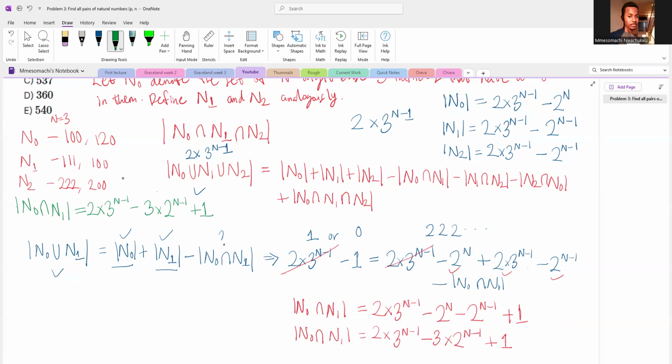Let's just check that everything checks. Yeah, okay. And in fact, analogously, because the sets n1 and n2 behave similarly, n2 intersect will be the same thing. Let me erase this.